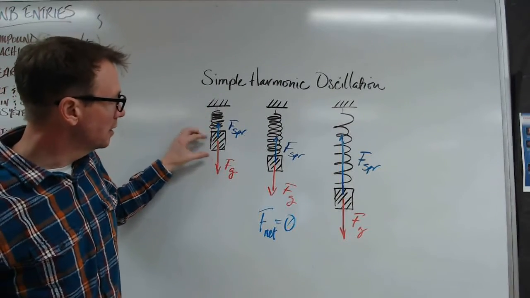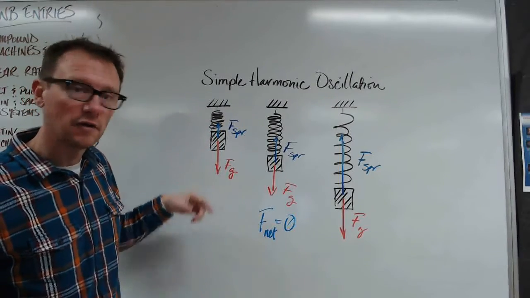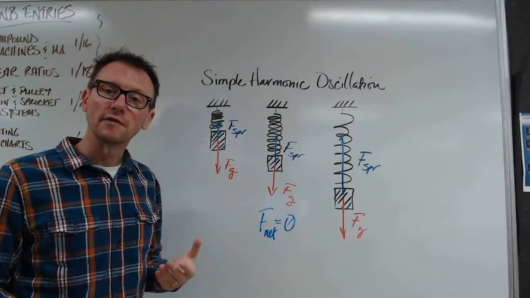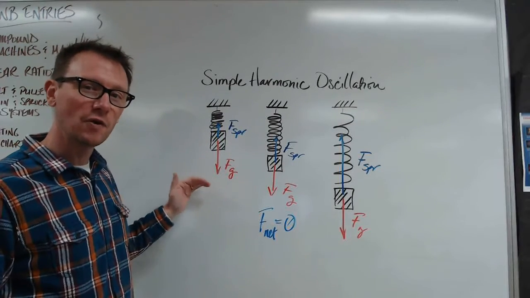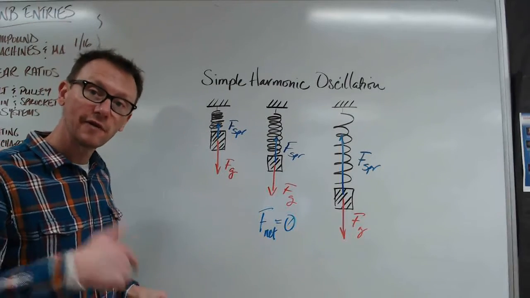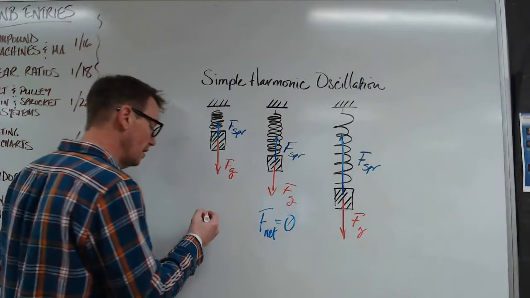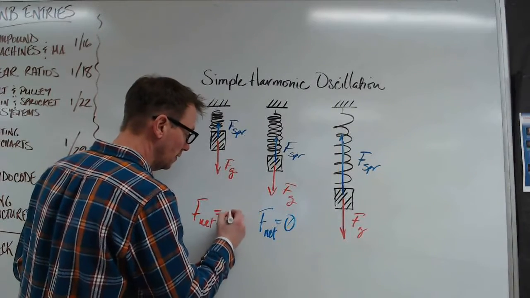If you look at it, you can see between the little blue vector and the big red vector that the red vector is going to win. And so as a result, we have a net force in the downward direction that's going to pull the mass downward. So we say there's this net force, and it's down.